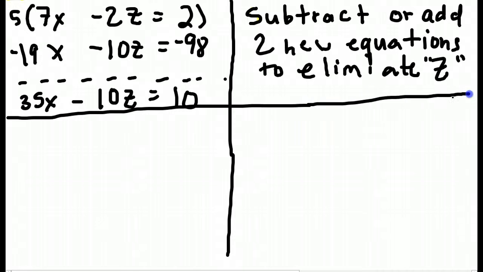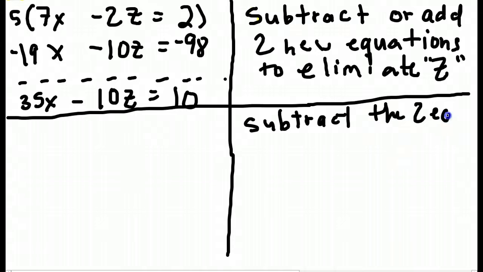So we need to subtract the two equations to eliminate our z.